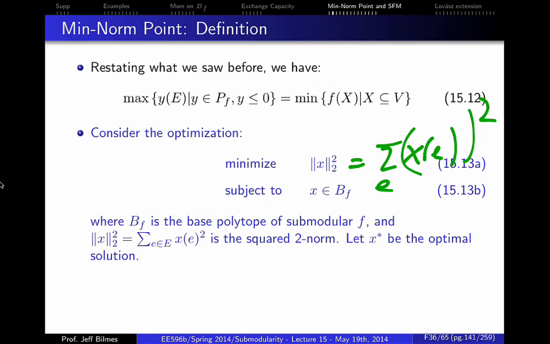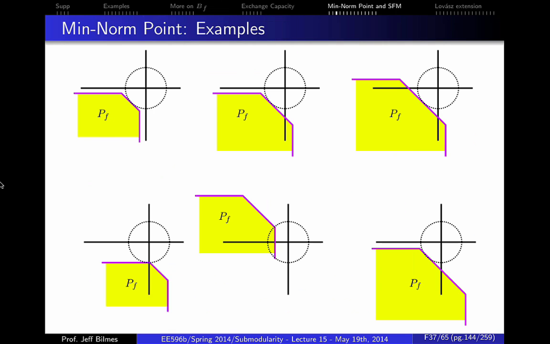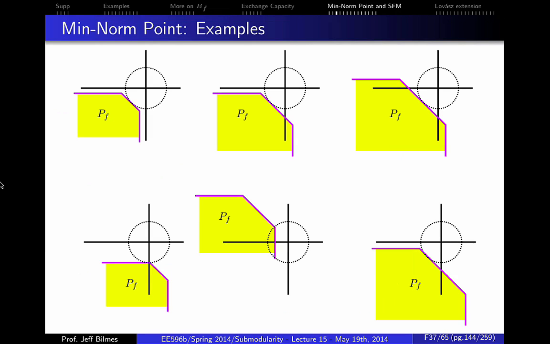Well, actually, it's written right here, so I don't need to write it. And let's say that x star is the optimal solution. So let's just do a couple of pictures, and then we'll break. So the yellow regions are the possible polyhedrons, and the circle corresponds to the equal contours of the 2 norm.